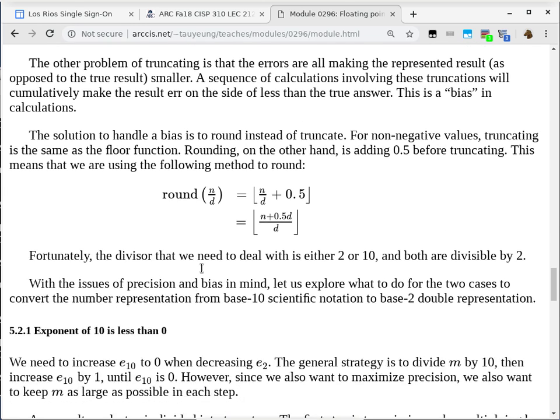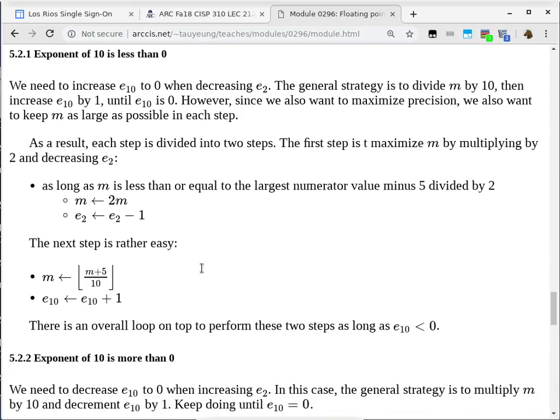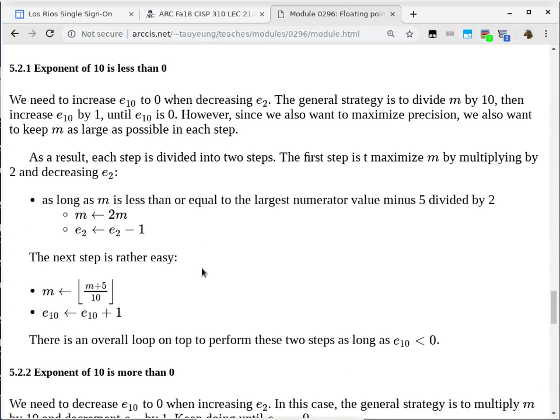Okay. So now, understanding this particular principle, we look into a subcase: what if the exponent of 10 is currently less than 0? Well, if it's less than 0, we want it to become 0, which means we want to add 1 to it, right? Well, what about jumping it all the way to 0 directly? Well, maybe that's a little bit too ambitious.